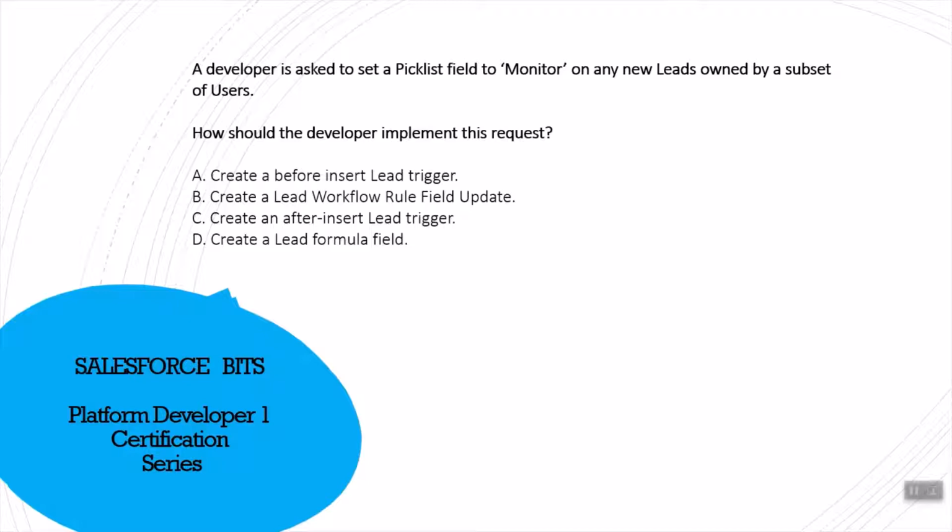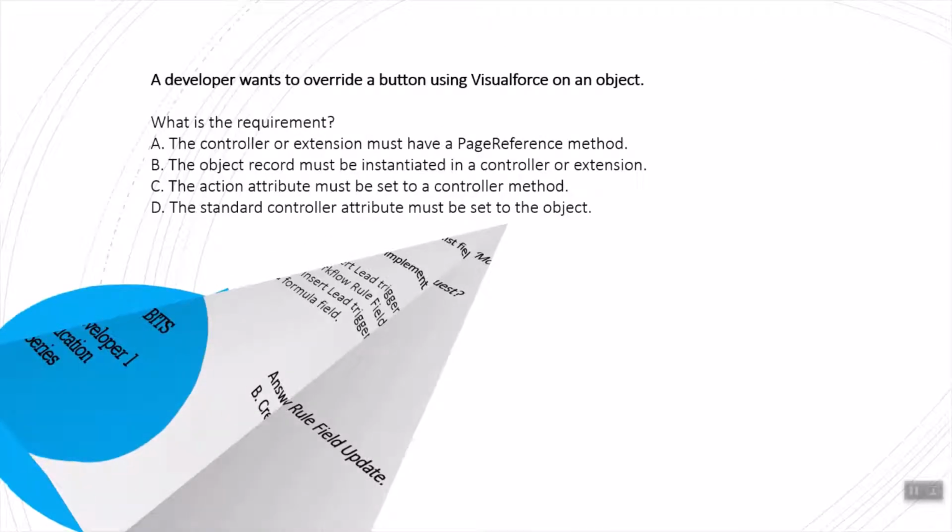So you can do it, but the more relevant answer for this would be B. Create a lead workflow rule update. It's pretty simple. You just select the rule, which is like create a user group if any new lead is created owned by this set of users. You can create a group and then any user owning that lead, you can update the picklist field to monitor. That would be the simplest approach. Yes, the correct answer is B.